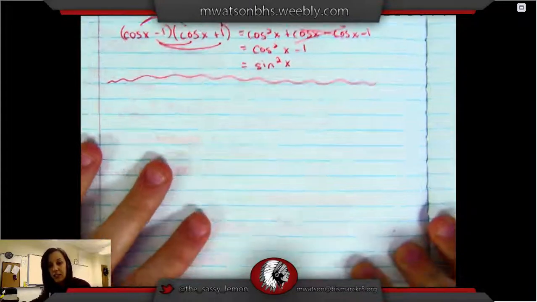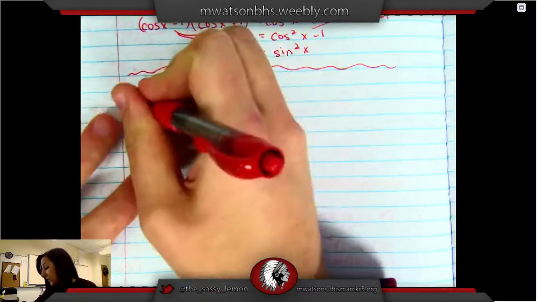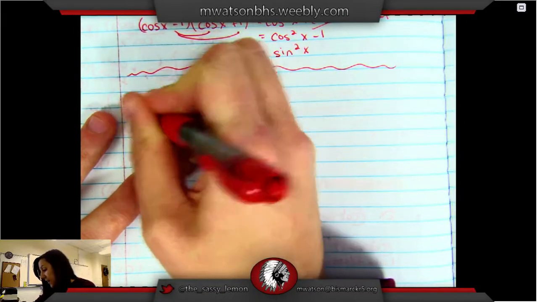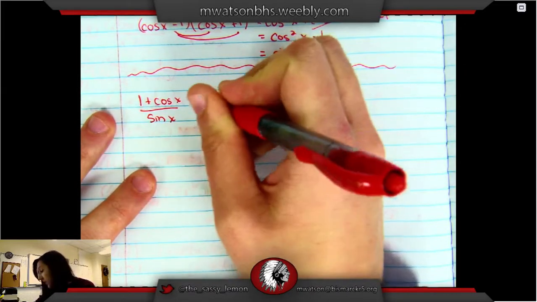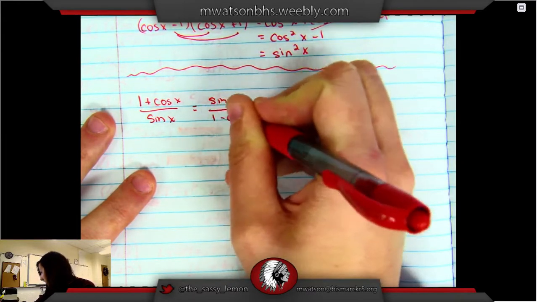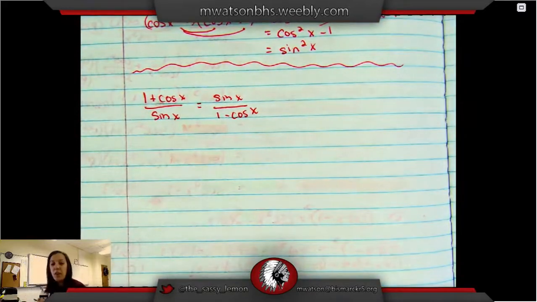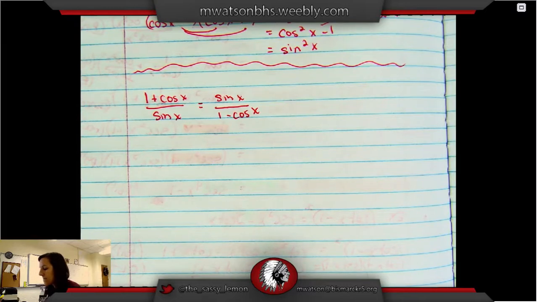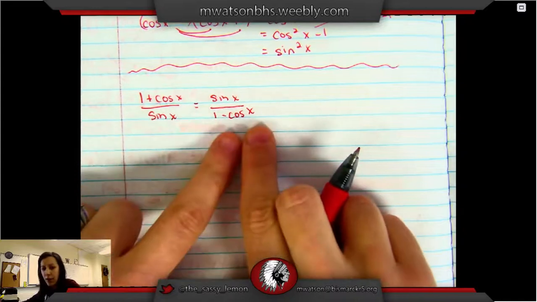Now we're going to actually do a proof. So example 1, say we have 1 plus cosine x all over sine x equals sine x over 1 minus cosine x. Whenever I'm looking at this, I see I have one fraction over here, I have one fraction over here.